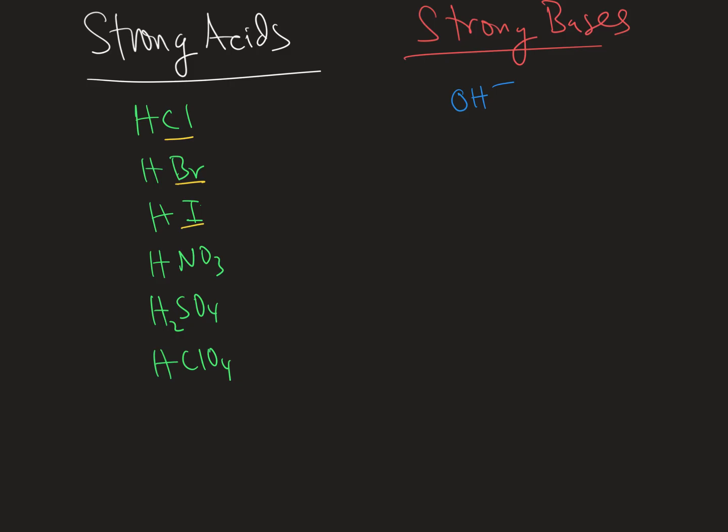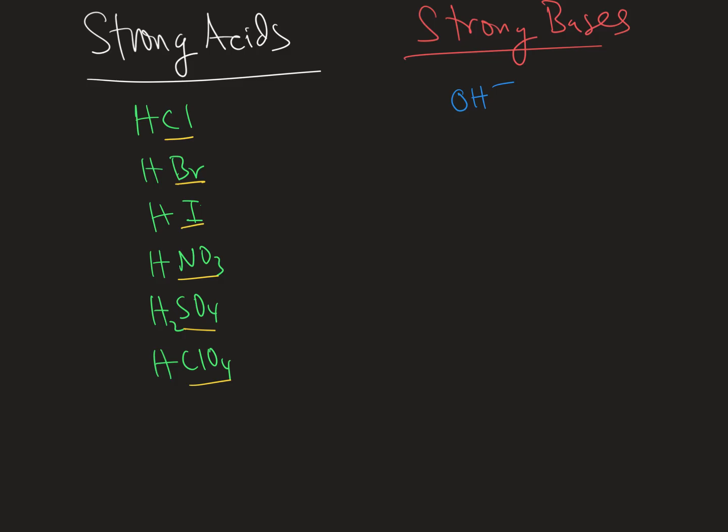There are a few exceptions, but hydrogen is not one of them, so it will dissociate completely. Nitrate is soluble without any exceptions. Sulfate is soluble with some exceptions, but hydrogen is not one of those. And perchlorate is soluble without exception.